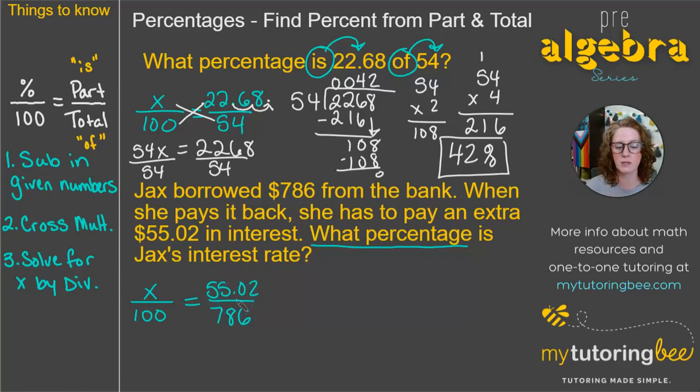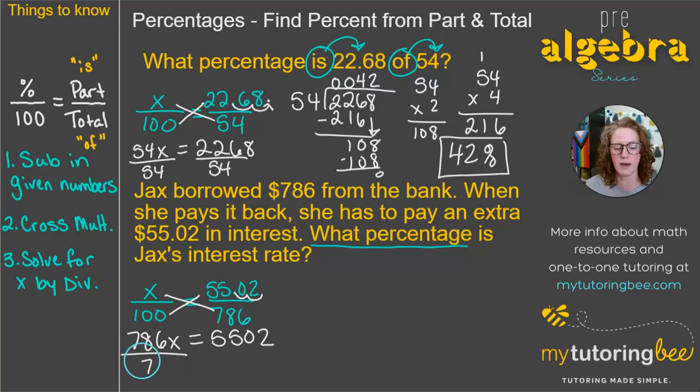That is the part that is calculated using that percentage for her interest rate. So let's go ahead and go to step 2 and cross multiply. So we've got x times 786, that's just 786x, equals 100 times 55.02. Again, we're going to take that decimal, move it over 2 decimal places to the right, so we get 5,502.